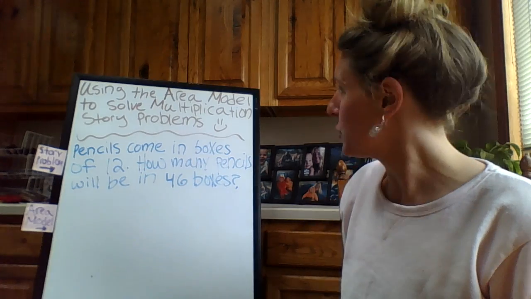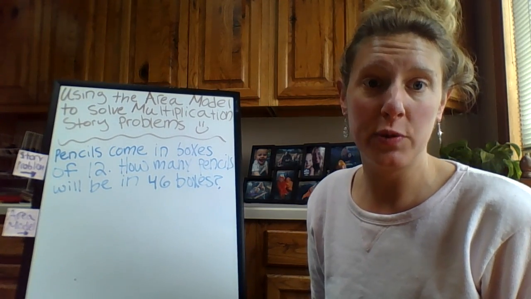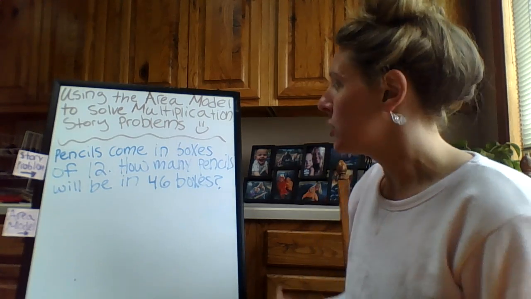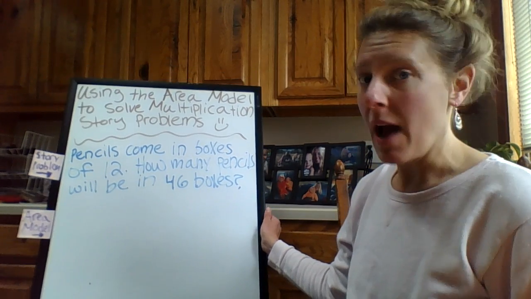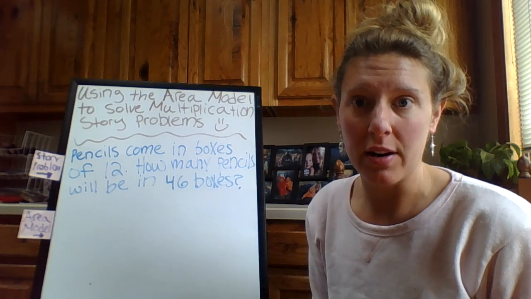So the story problem that we are going to solve today is: pencils come in boxes of 12. How many pencils will be in 46 boxes? Before we use the area model, we have to make sure that we know what equation the problem is asking us to use to get our answer.